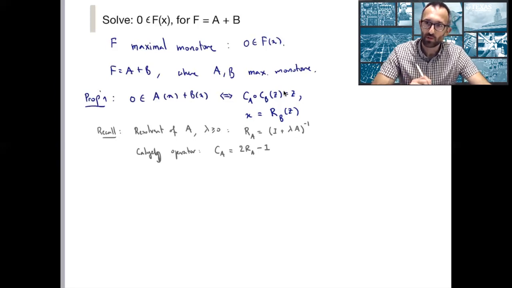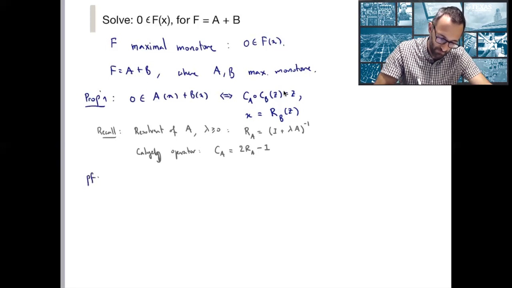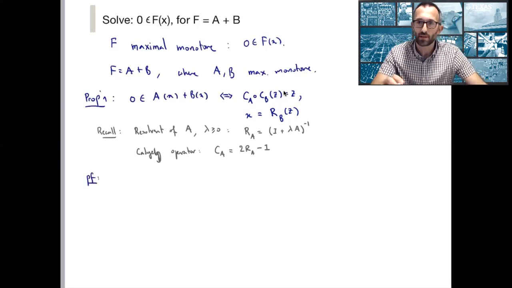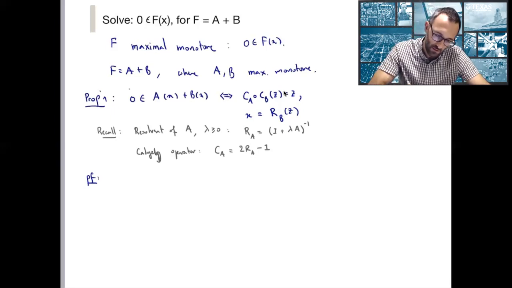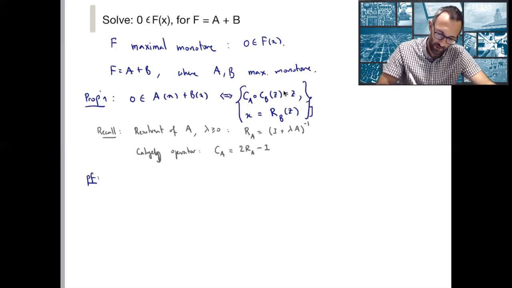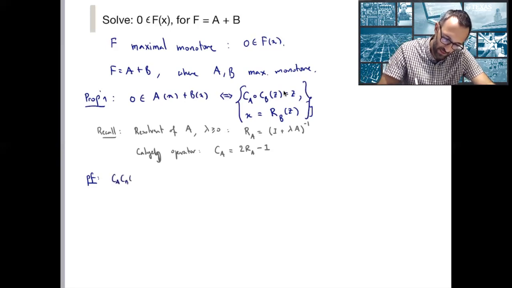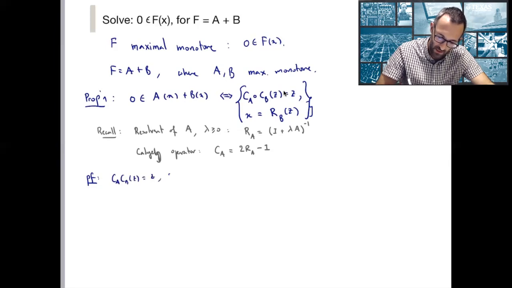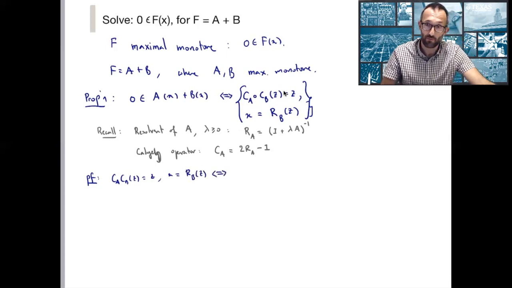So let's move to the proof of this proposition. The first step is to observe that this condition here, C_A C_B of Z equals Z, X is equal to R_B of Z, is equivalent to four equality conditions. There's no magic here, just rewriting.